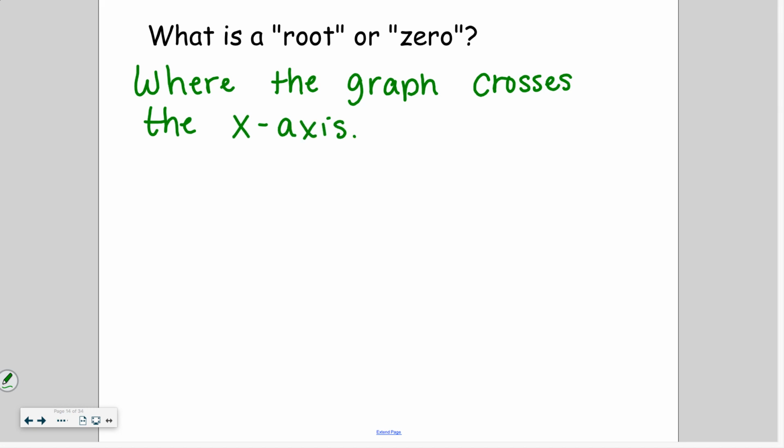It's also known as, so we have the roots, zeros, x-intercepts. That should let you know what it is right there. When we say x-intercepts, that's all the same thing together.